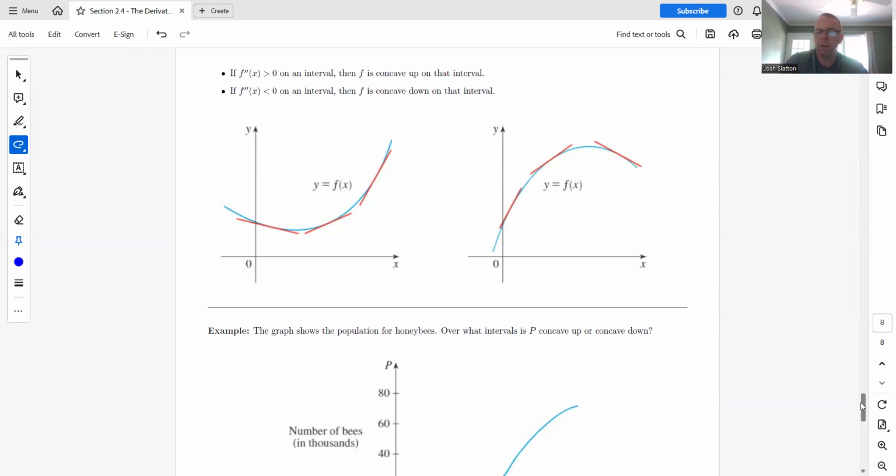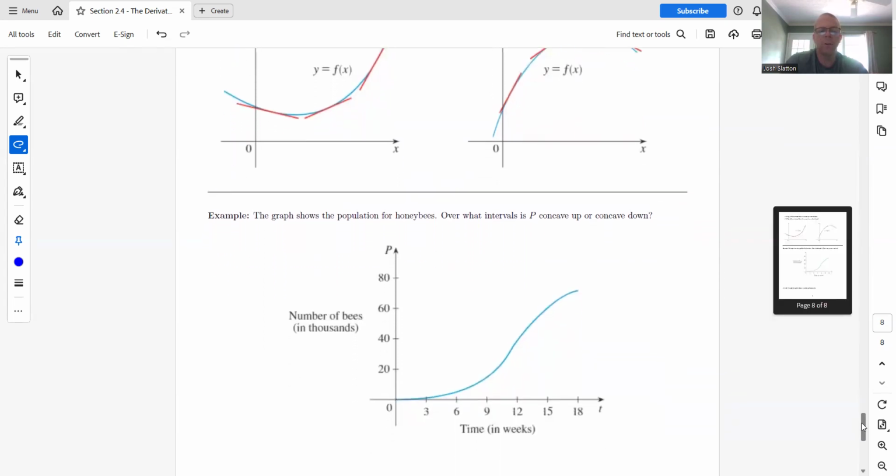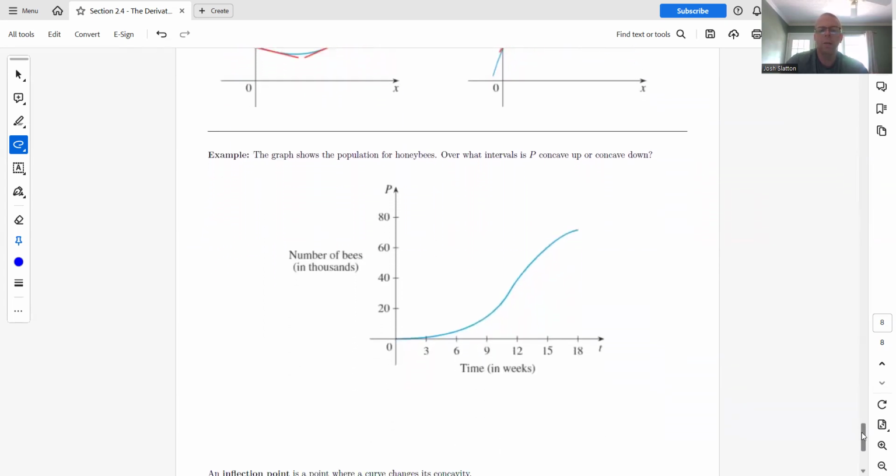So let's look at this graph. The graph shows the population for honeybees. Over what interval is P concave up or down? It's concave up here, so concave up to there. At some point, we can tell this part is concave down. At some point, it changes. You can make your best guess.